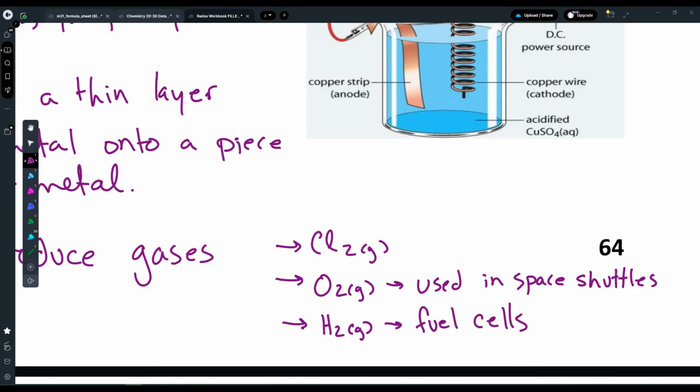So fuel cells are used to cleanly produce electricity, and it can be used in situations like electric vehicles. So fuel cells are used to help power electric vehicles there. And lastly, why we would want to use chlorine gas is because it's a good disinfectant for water treatment. So we'd be using it to treat things like swimming pools or sewage.